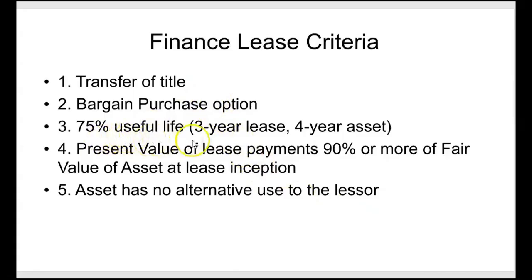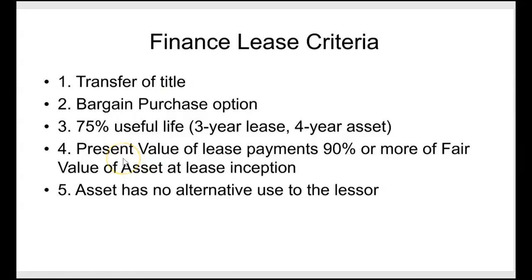If it doesn't meet either of these two tests, but 75% of the useful life is being leased out, then it's automatically a finance lease. So if it's a 3-year lease and they tell you the asset's supposed to last 4 years, that meets the 75% use test. But if it's only a 2-year lease of a 4-year asset, then that would not meet the criteria. And remember, you only have to meet one of these 5 criteria for the lease to be a finance lease.